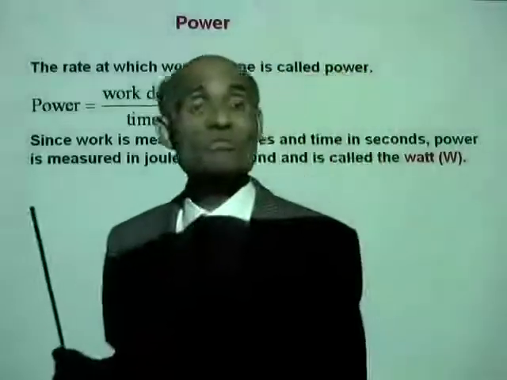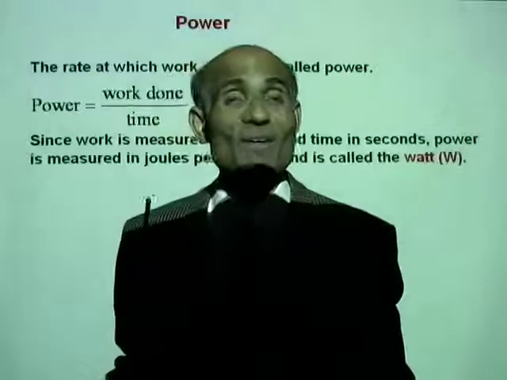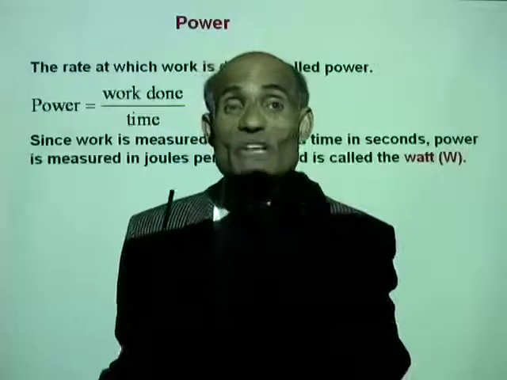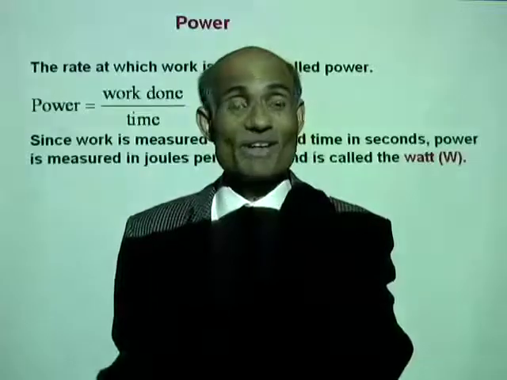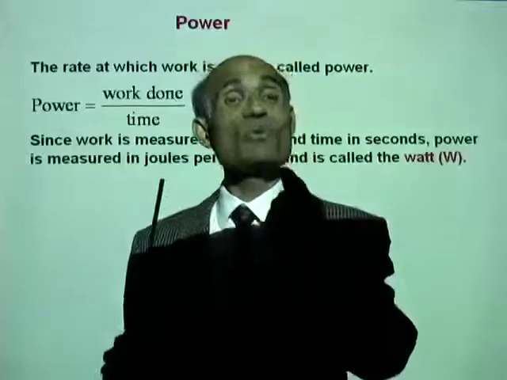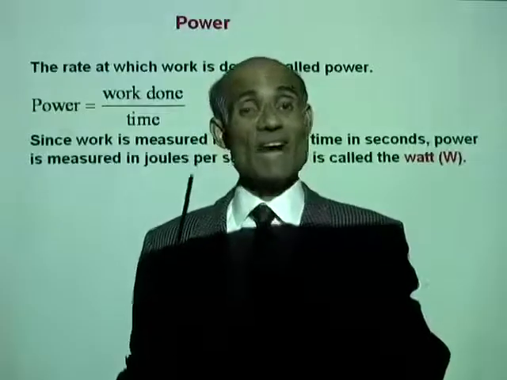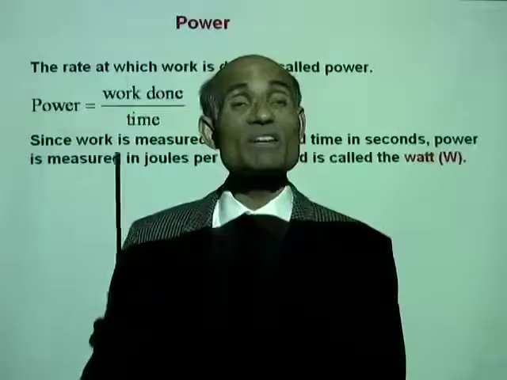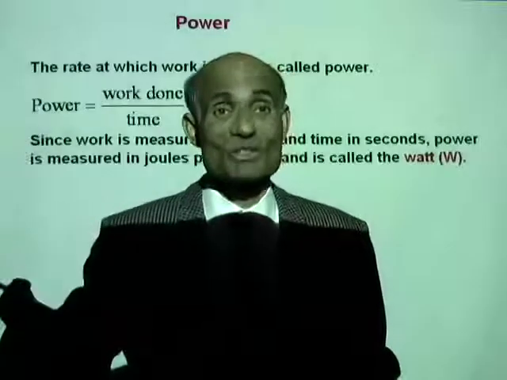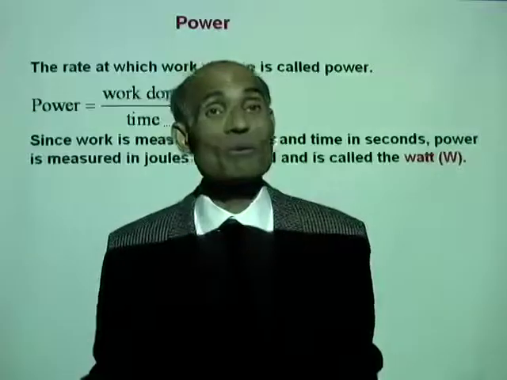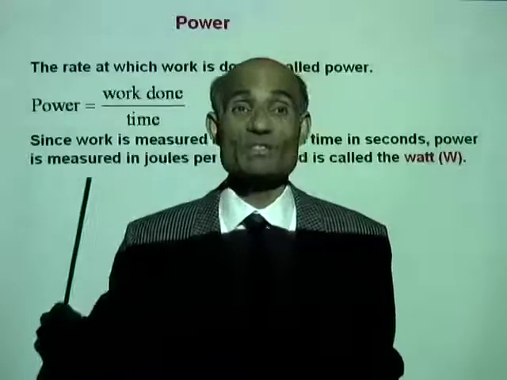So, what is the unit for measuring power? Power is the rate of doing work. It is measured in joules per second. And a joule per second is called a watt. So the unit of power is the watt.